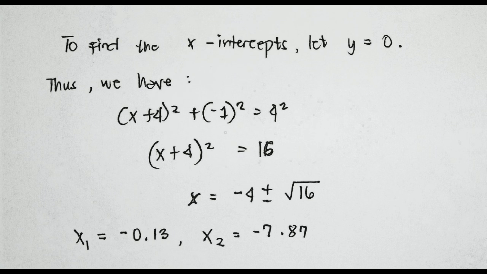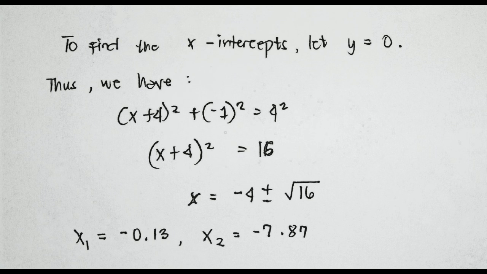So let's simplify first, and then we are going to copy the (x plus 4) squared and then simplify the 4 squared. So 4 times 4, that is 16. And then the common factor value of (x plus 4) squared is x plus 4 with the positive and negatives, the square root of 16.